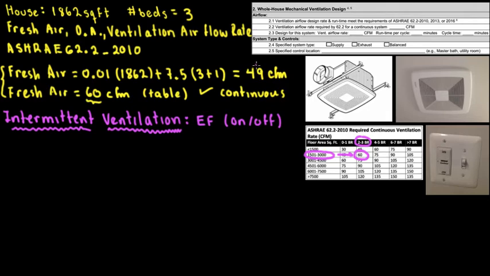If you're utilizing RightSoft for a heat load calculation, this would be populated automatically as 49, but you can also change it to 60 from the table. In this case, we're going for the higher buffer, 60. So the ventilation airflow rate required for the continuous system is 60, and the design ventilation airflow rate for this system is 60.